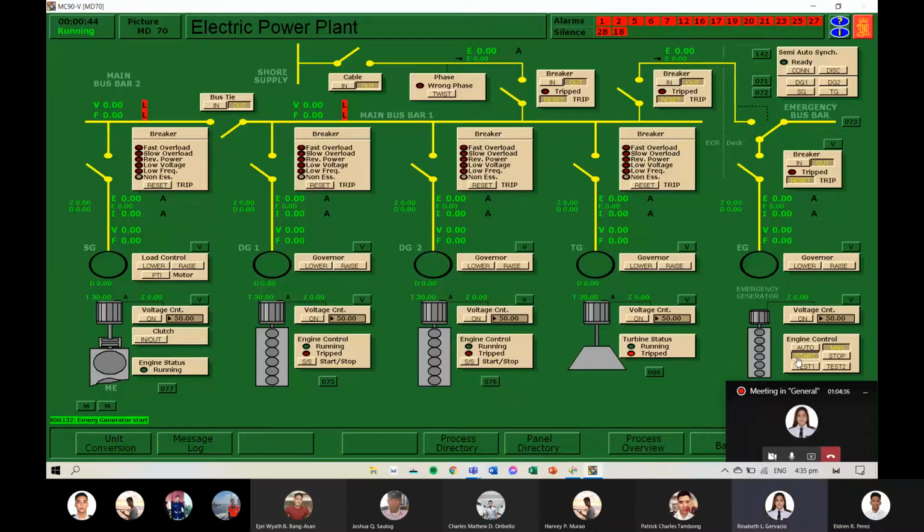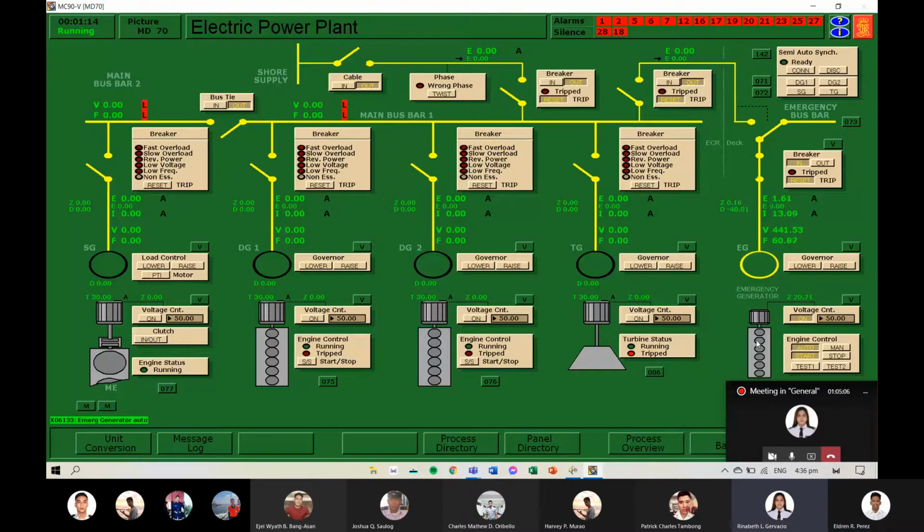Switch on the voltage control, then check the voltage and frequency. Done. Put emergency generator control to auto. Done.